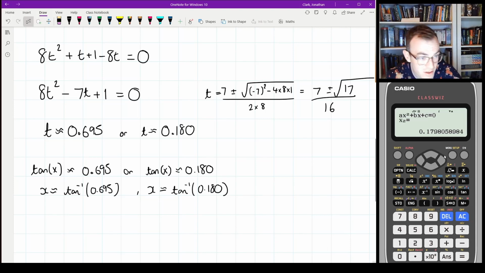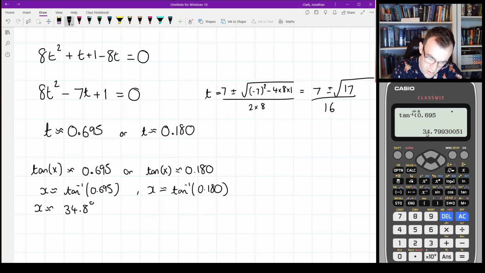Let's see what they work out as. 34.8 degrees and 10.2 degrees.